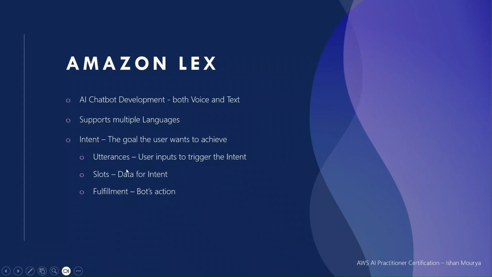So in the fulfillment, the bot will not be able to directly connect to any database or directly do anything. But what it can do is trigger another AWS service which can do those changes. So generally, in such cases, we trigger an AWS Lambda function. Lambda function is like a place in AWS where we can write our code in any language.